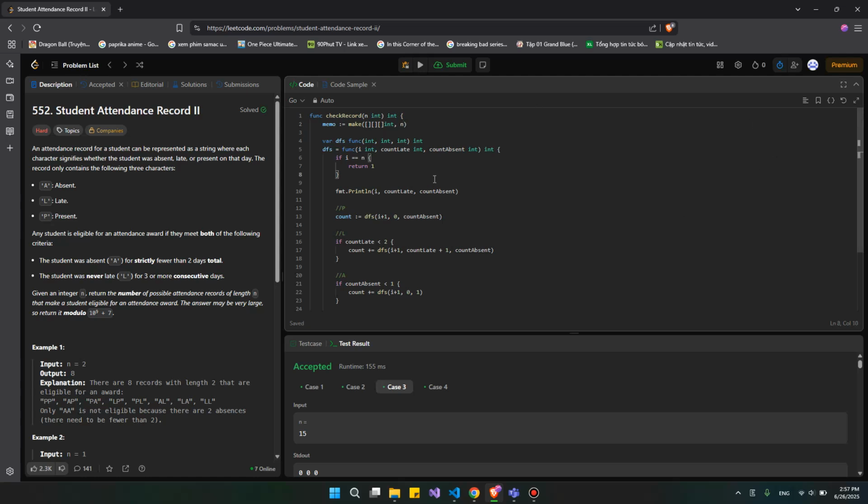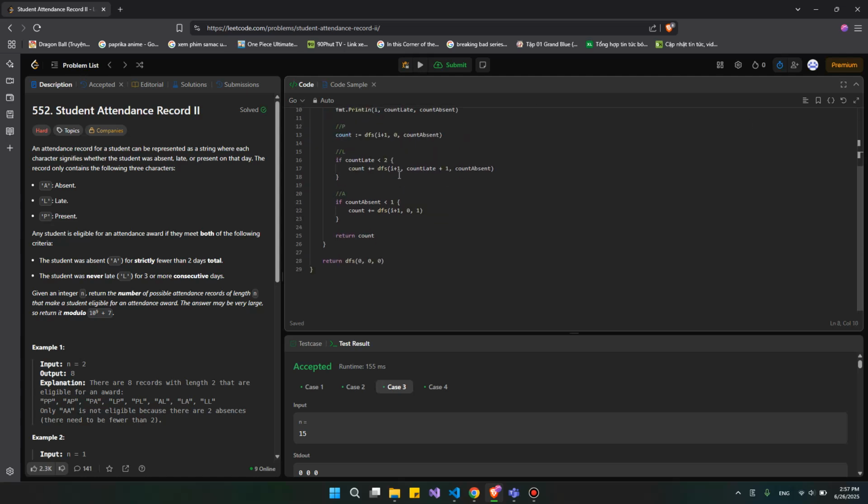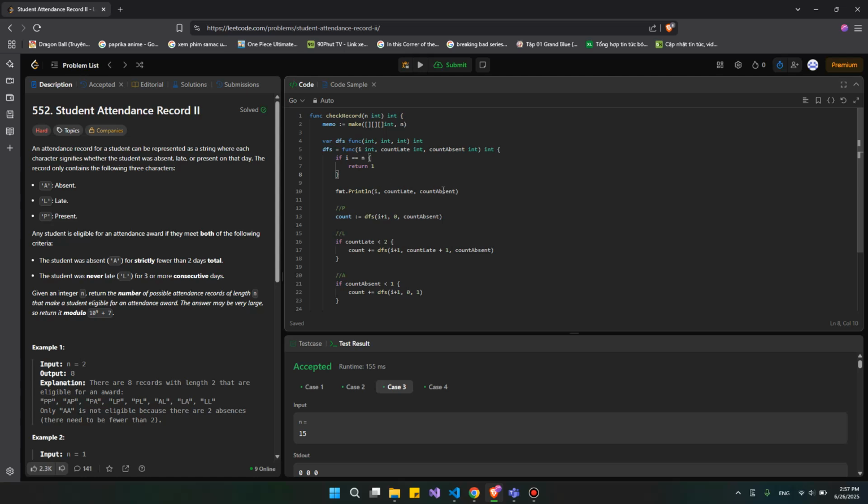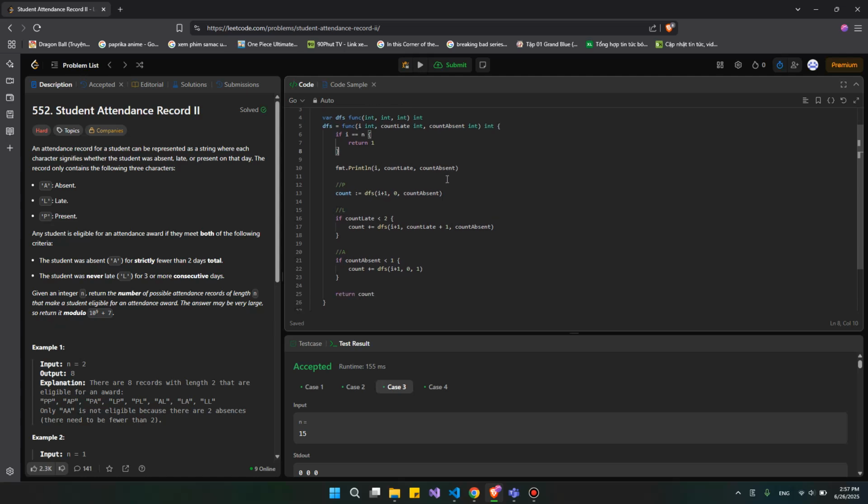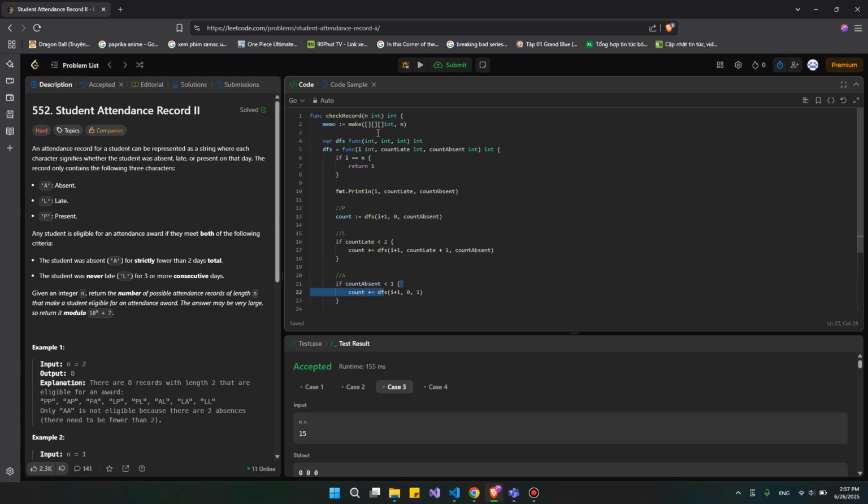And if you look at it more carefully, you can know that the calculate cannot be bigger than two, and the count absent cannot be bigger than one, right? Because we check it here, so we can have the number here.